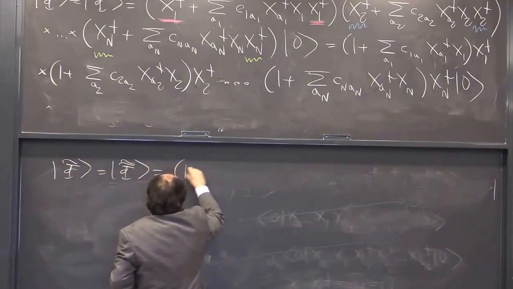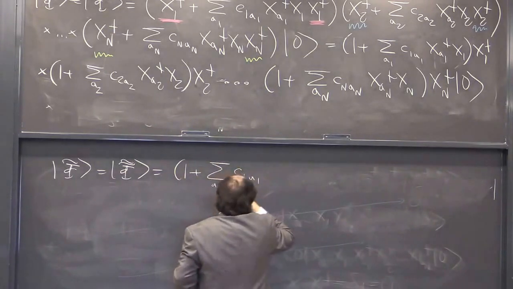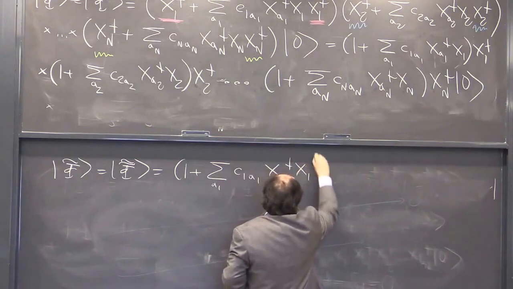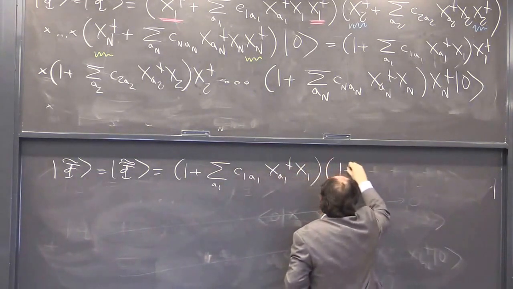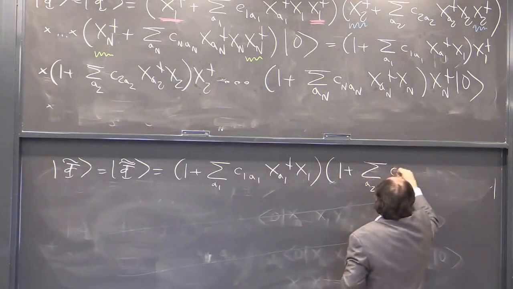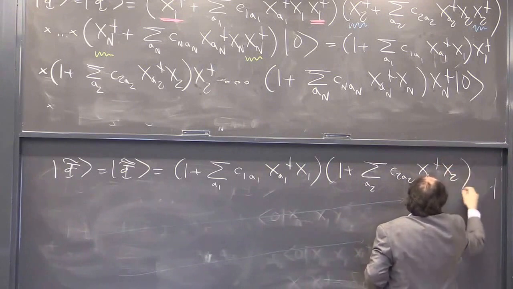So in this way, we have now the following. We have 1 plus a summation over A1, C1, A1, X, A1, dagger, X1. Then I have 1 plus a summation over A2, C2, A2, X, A2, dagger, X2.